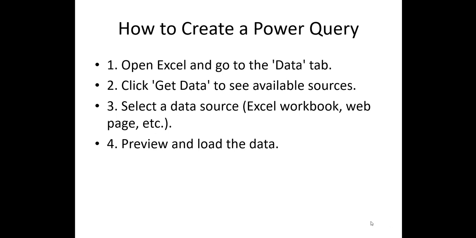Here, these are just the steps, but we will actually do a demo and create a Power Query, so just hang tight with me. So what are these steps? Basically, you go to an Excel file, go to the Data tab, click on Get Data, and this is where you will see how many options are available. You can connect to Excel files.